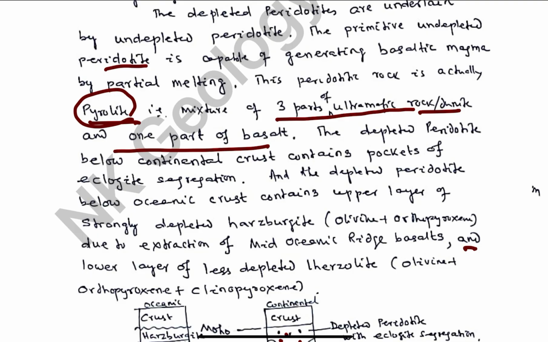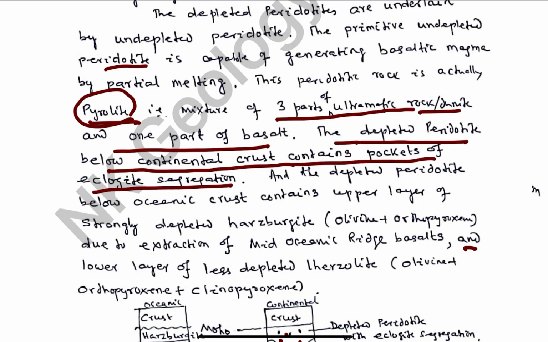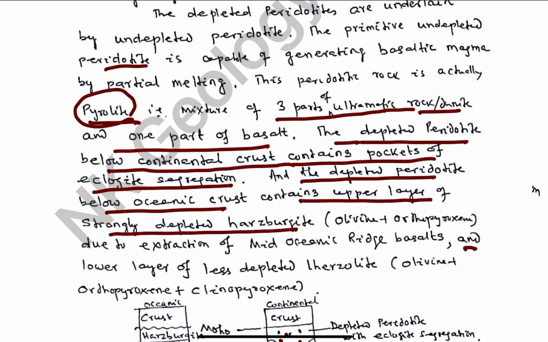And these mantle rocks show depleted peridotite below the continental crust. And this depleted peridotite contains pockets of eclogite segregations. And the depleted peridotite below the oceanic crust contains upper layer of strongly depleted harzburgite, which is olivine pyroxene rock.